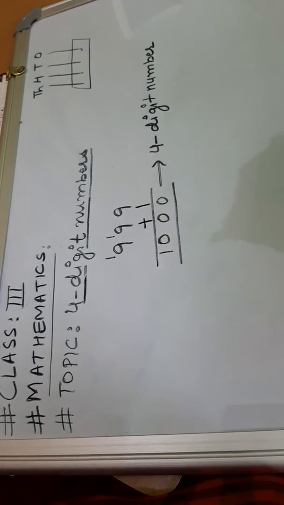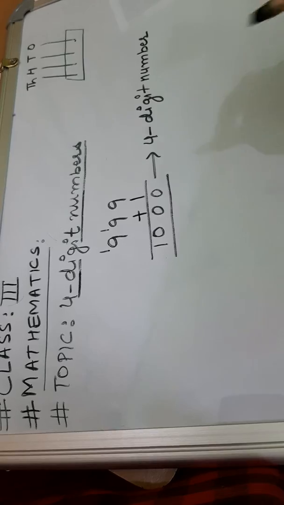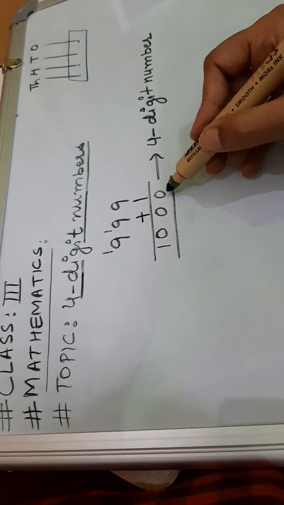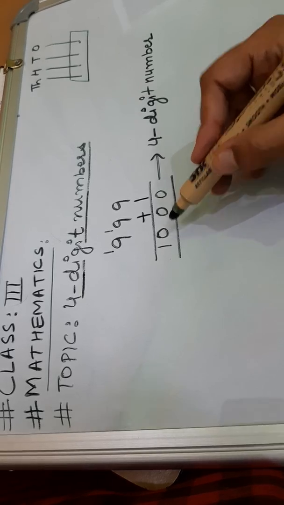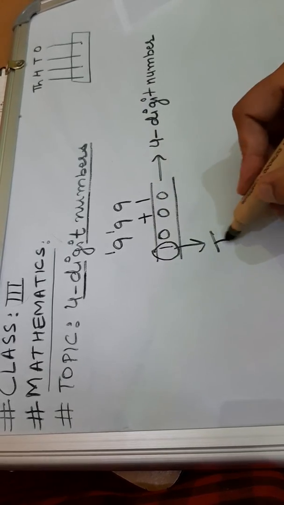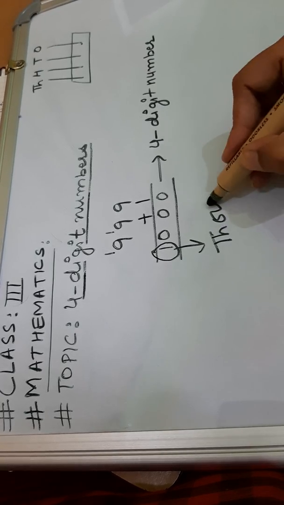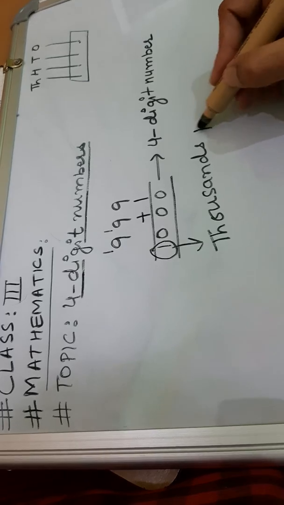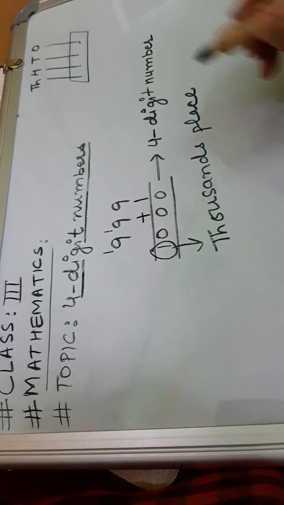Four-digit number. And now, because we are only aware of 3 places, ones, tens and hundreds, one more place is now introduced, and that is the thousands place. Right?